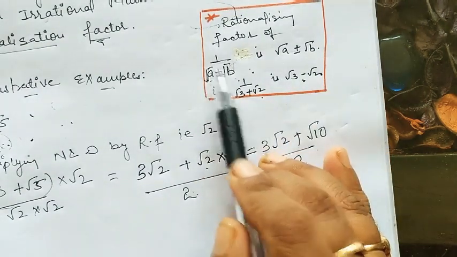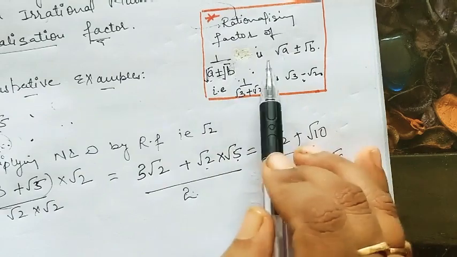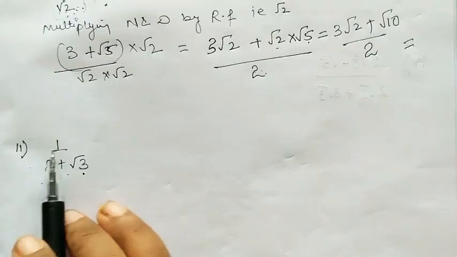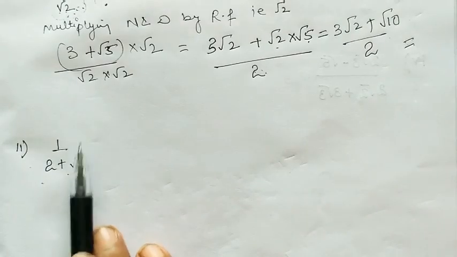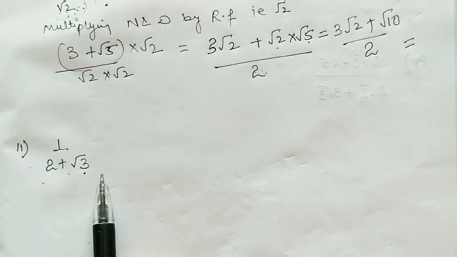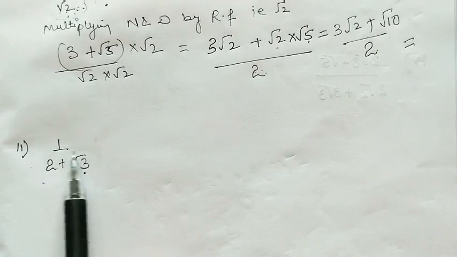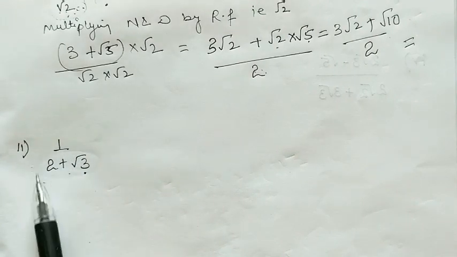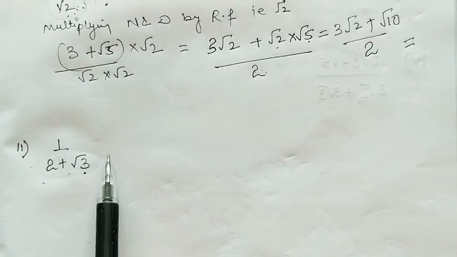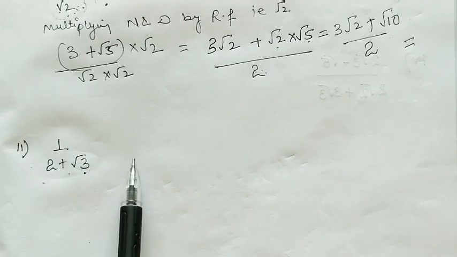If it is root a minus root b, then it will be root a plus root b. As I already explained, we need to rationalize the denominator here also, meaning we need to multiply it by its rationalizing factor.